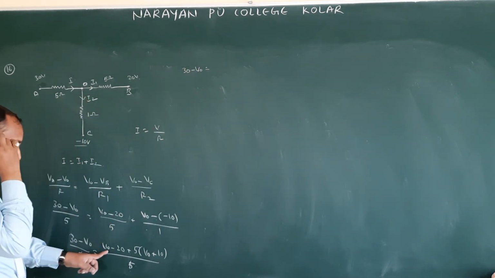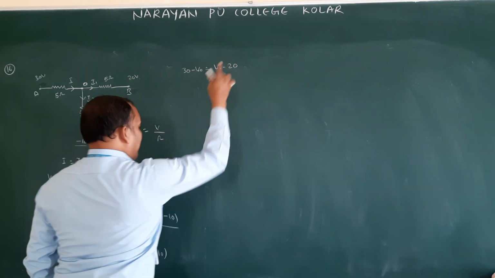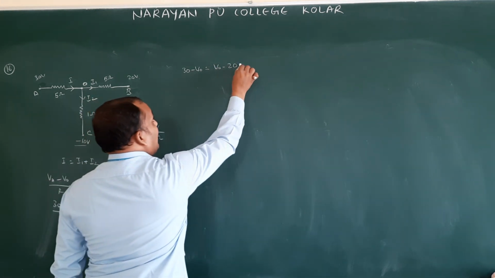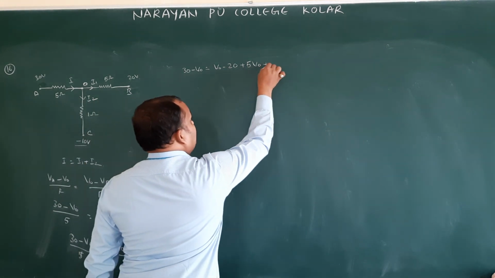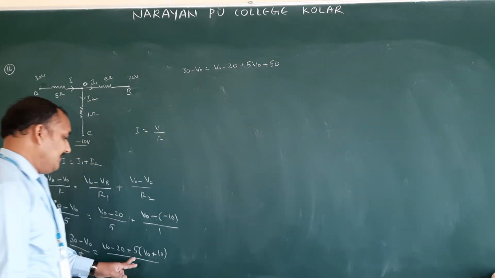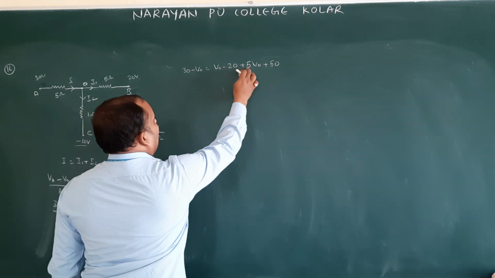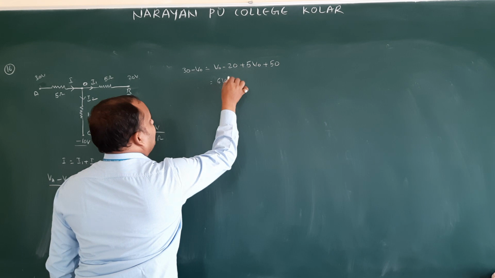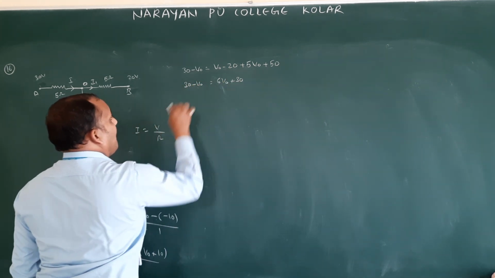30 minus V0 is equal to V0 minus 20 plus 5 V0, plus 5 into 10, that is nothing but 50. So V0 plus 5 V0, 6 V0 plus 30, isn't it?